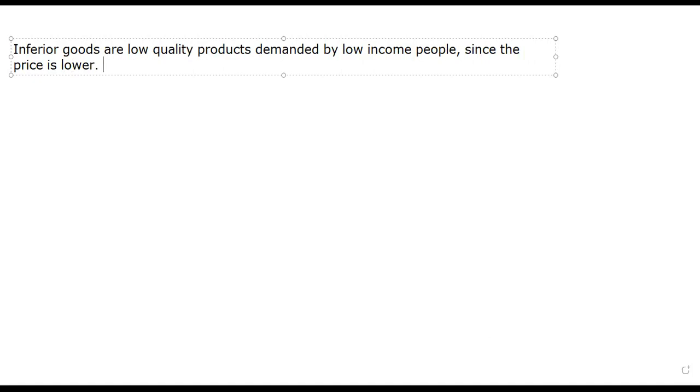Understood? Inferior goods are low quality products demanded by low income people since the price is lower.